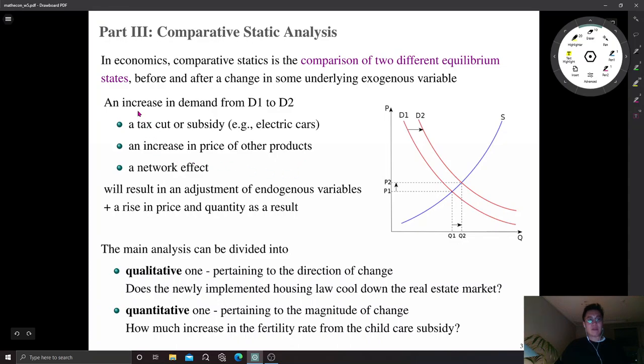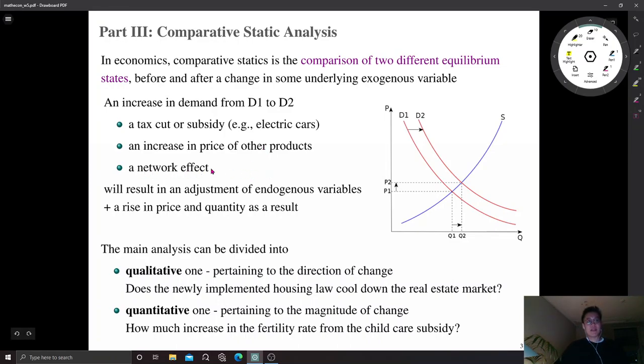Or demand can increase in case of an increase in the price of other substitutes. For example, if you think about iPhones and Android phones, if the price of iPhones goes up, then some customers may want to switch to Android phones, thereby increasing demand for Samsung Galaxy.